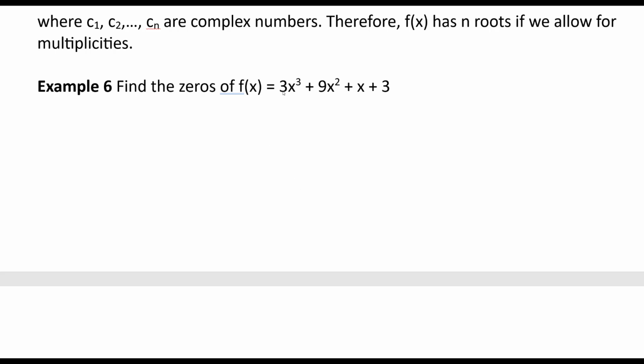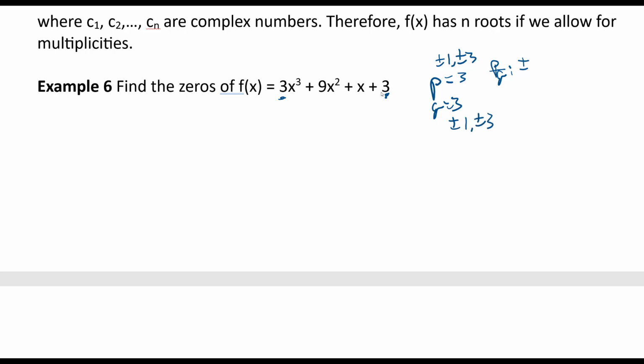Find the zeros of f of x equals 3x cubed plus 9x squared plus x plus 3. So our p is this constant 3, and our q is the leading coefficient 3. So our p over q's are going to be plus or minus 3. Well, our factors of p would be plus or minus 1 and plus or minus 3, and same thing for q.